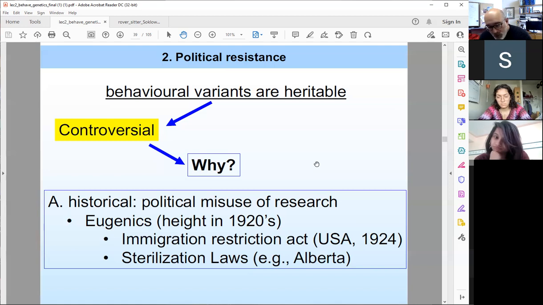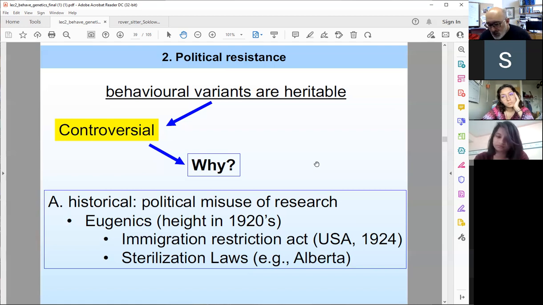But there are other ways to do it, and other ways that have been implemented, not just in Nazi Germany and the horrors that we saw there, but also even before Nazi Germany, across the UK, the United States, even Canada. There were all kinds of attempts to reduce the reproduction of people that were considered, quote unquote, undesirable. Even in the United States, there were academic societies devoted to the study of eugenics.